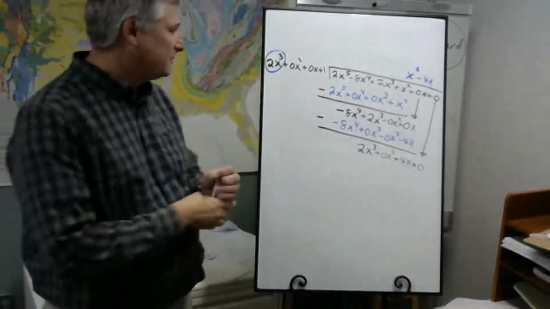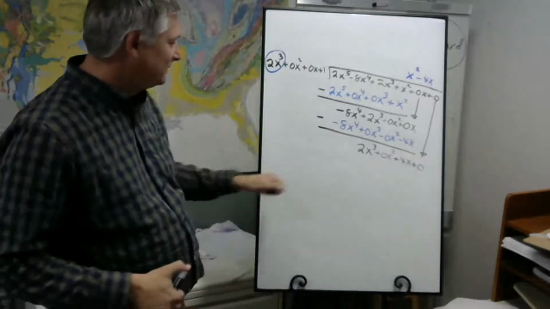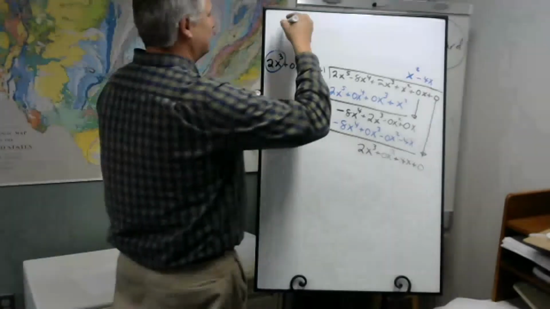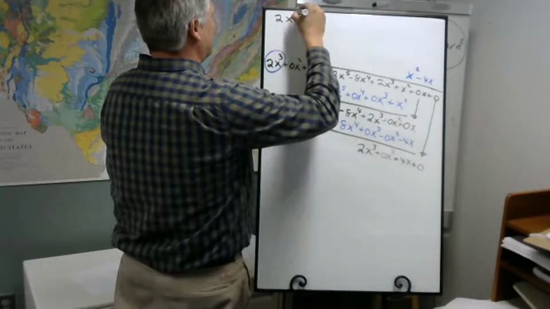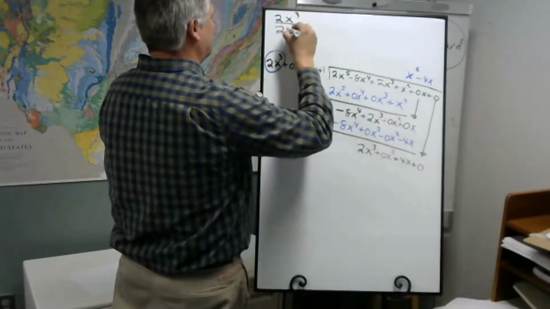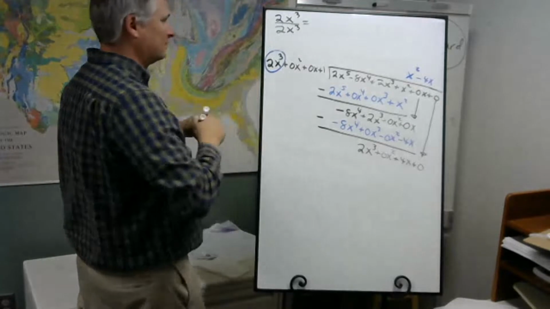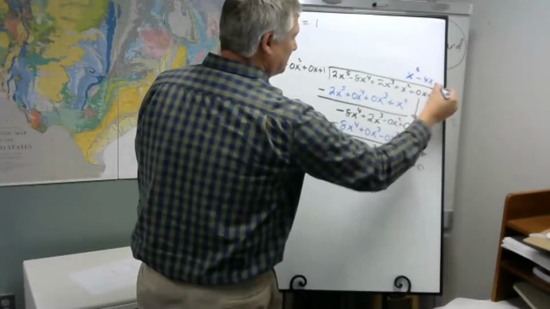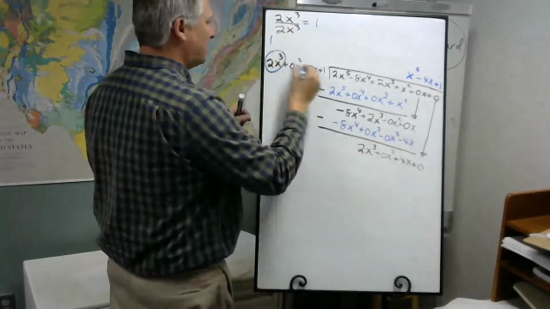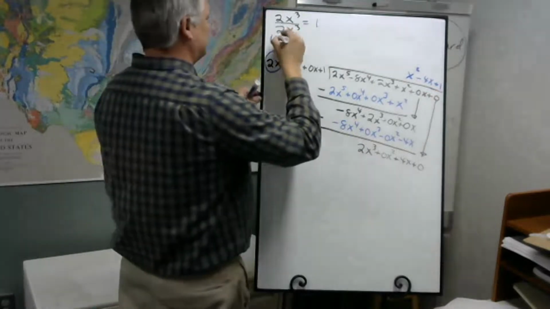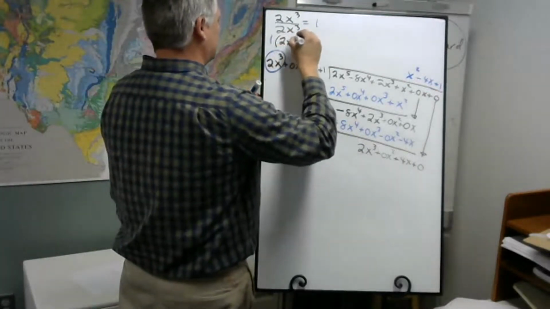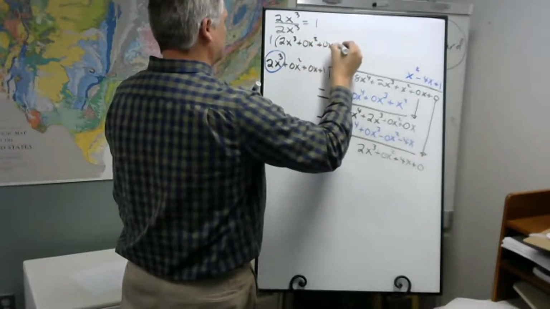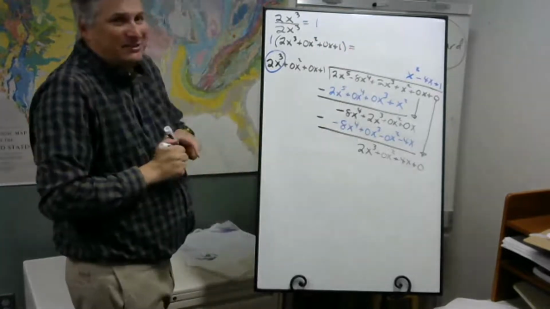So now for a third and what looks to be our final cycle. We take, again, lead term divides into lead term. And so we get 1. We now take this 1, we multiply everything. And when you multiply 1, it doesn't change anything.